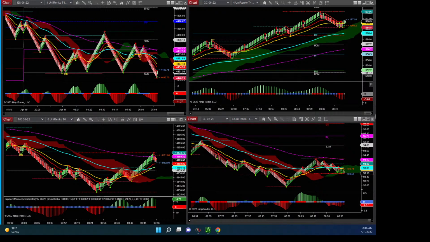There's no setup for me. Double bottom in gold in here. Potential entry, very risky though. Not that much risky. Yeah, I'm gonna hold off on that one.